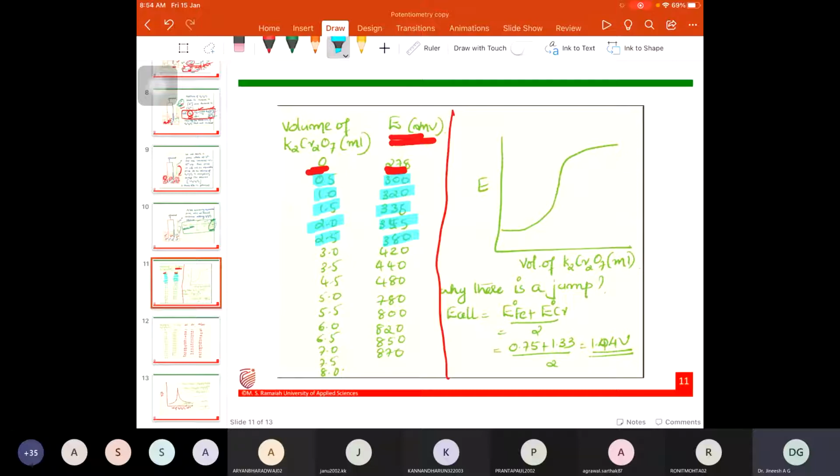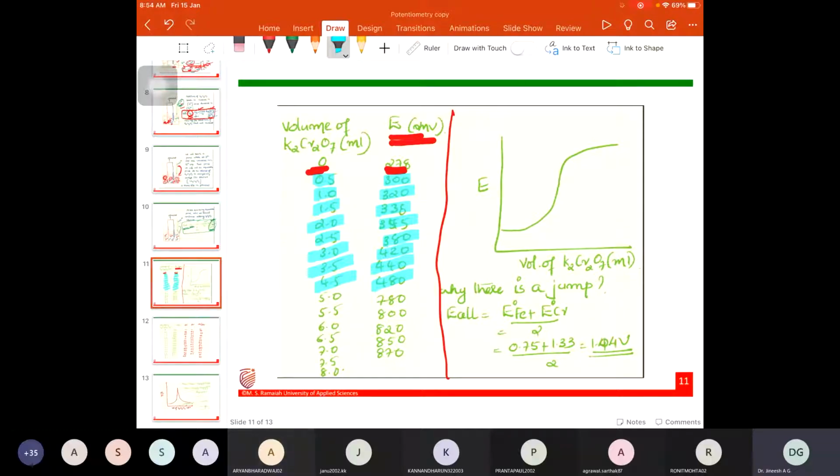As you keep adding potassium dichromate, the potential keeps increasing. Now you see the increase is almost a steady increase, right? Almost a steady increase, around 10, 20, around 30.